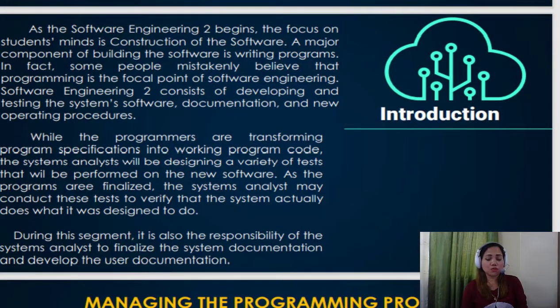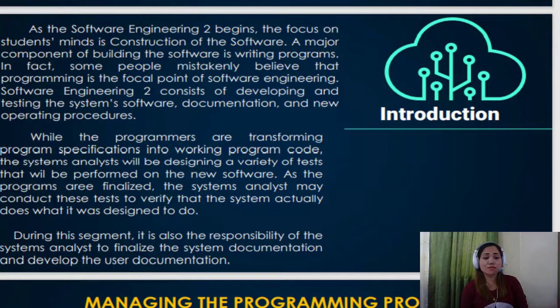For the introduction, as Software Engineering 2 begins, the focus in students' minds is the construction of the software. A major component of building the software is writing programs. In fact, some people mistakenly believe that programming is the focal point of software engineering.